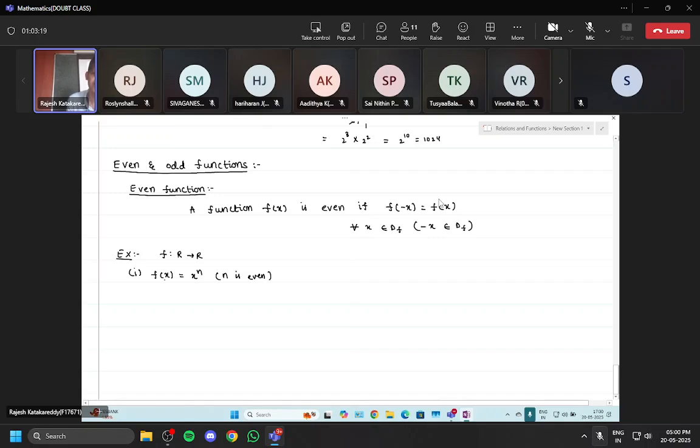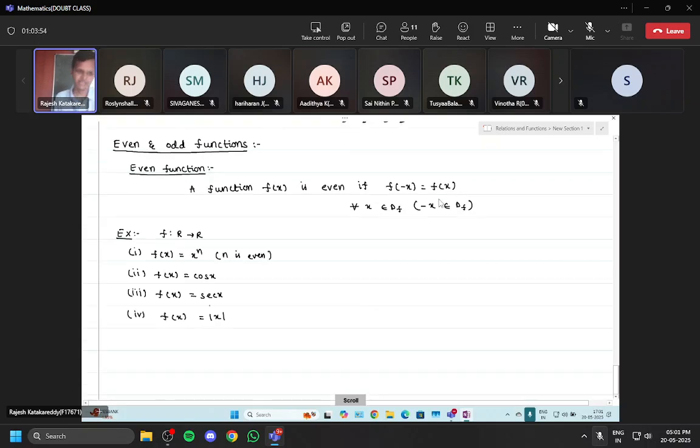When n is even, that is an even function. f of x is equal to cos x. f of x is equal to secant x. f of x is equal to mod x. These are some basic examples of even functions. What happens for these functions? If you replace x with minus x, you will get the same f of x. That is an even function. Next is odd function.